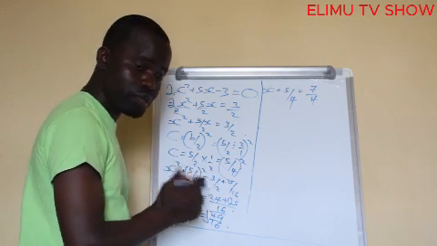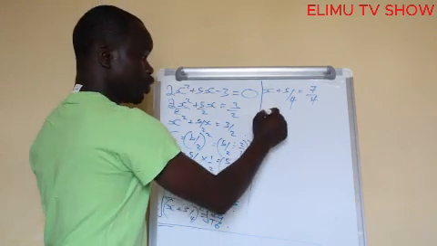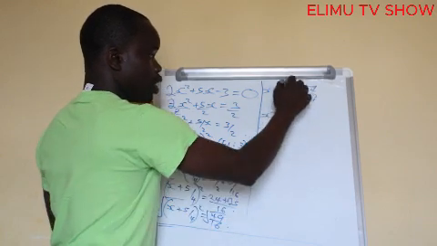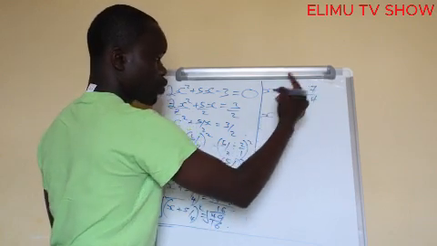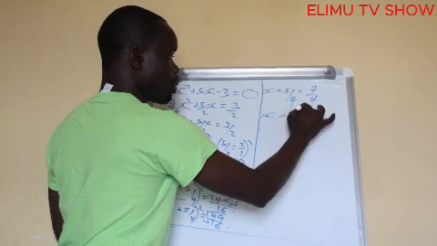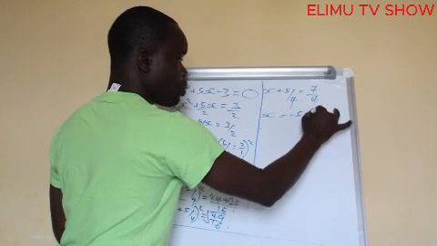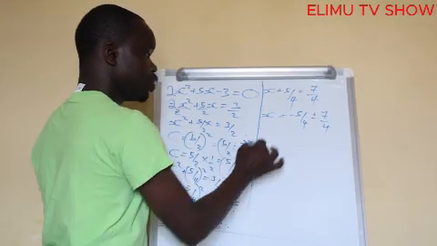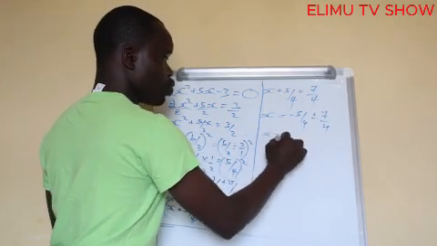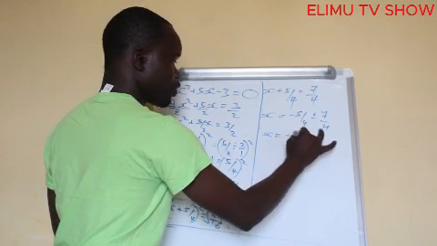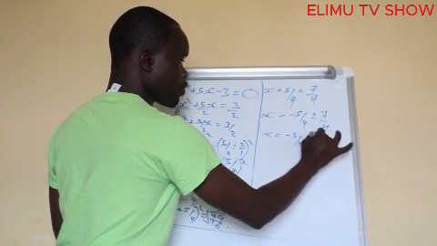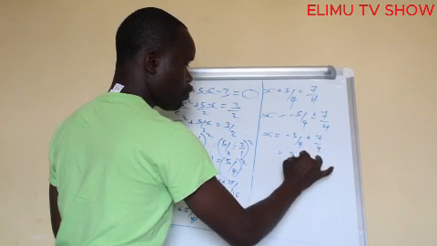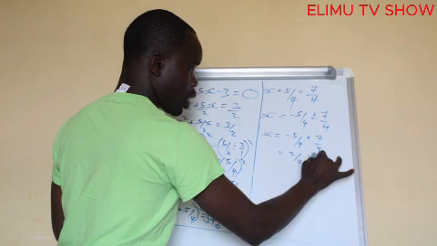Once we've reached that point, our x is equal to, since this positive 5 over 4 crosses the equal sign, minus 5 over 4 plus or minus 7 over 4. From that point, our first x is x is equal to minus 5 over 4 plus 7 over 4, which gives us 2 over 4, or half.